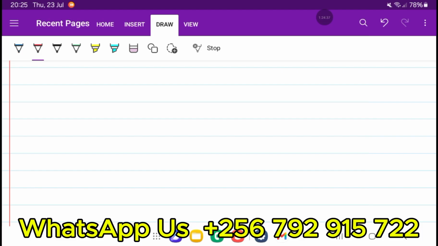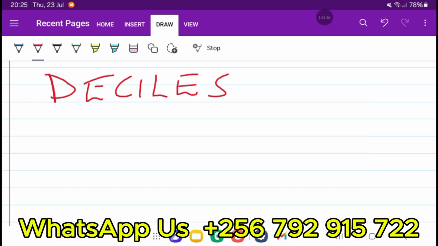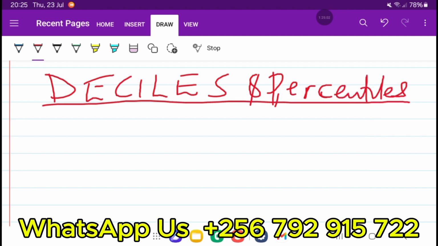Now, I want us to look at what we call deciles. I never wanted us to look at the decile, but I'm just going to explain deciles and percentiles. These ones we are not going to compute, but I'm just going to explain percentiles. But I want to start with deciles.